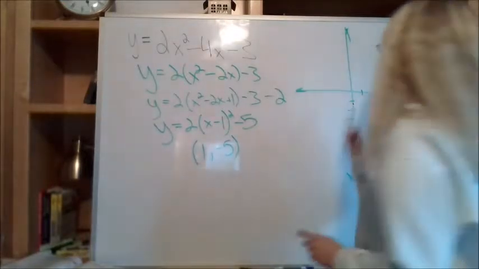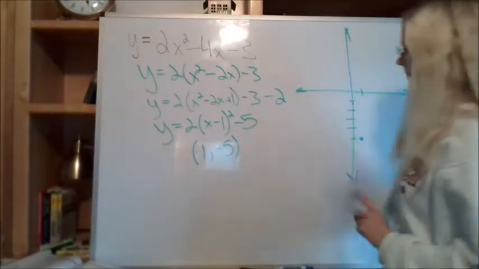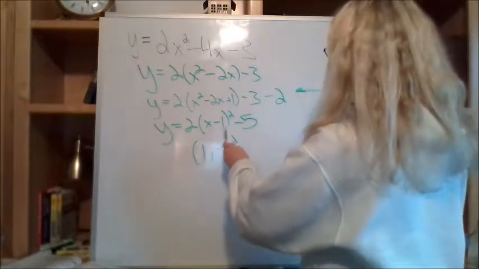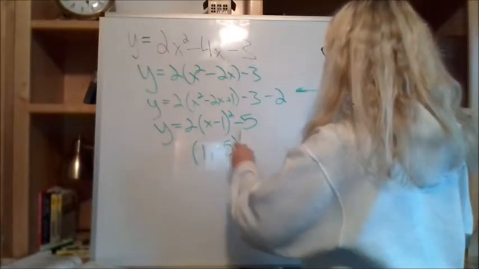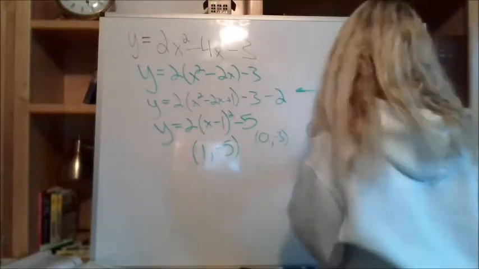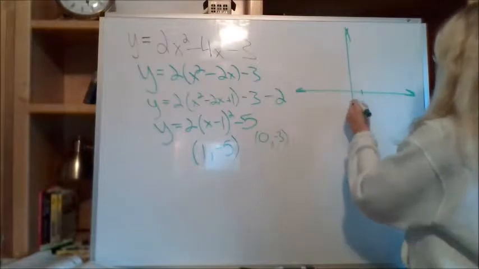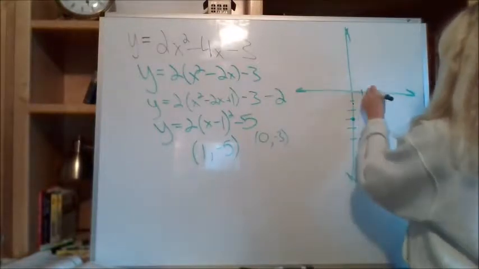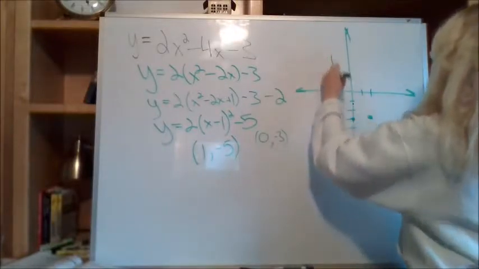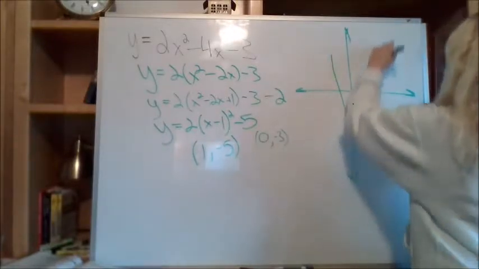And if we find our y-intercept, we plug in x equals 0. So negative 1 squared is 1 times 2 minus 5. That will give us 0, negative 3. So we know that 0, negative 3 is also on our graph, which now we know that 2, negative 3 is also on the graph. So here is our parabola.